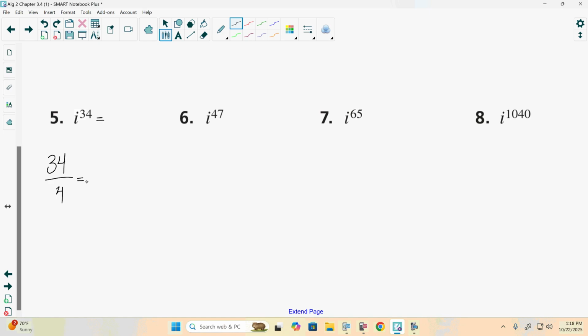So that would be 8.5, which tells us that it is indeed -1. 47 divided by 4 is 11.75. So this would reduce to -i, yes?